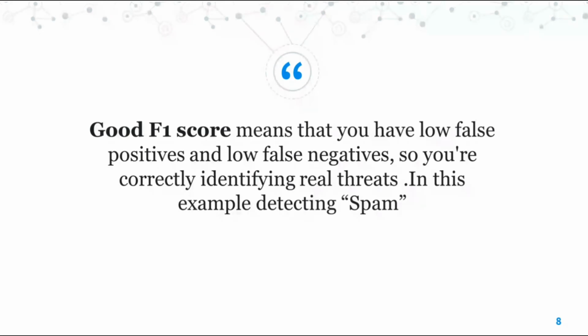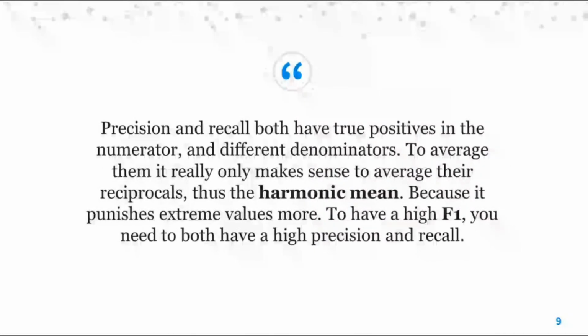Don't use accuracy as the only classification metric for your model. Use F1 score. It will give us the harmonic mean of precision and recall. Precision and recall both have true positives in the numerator and different denominators.